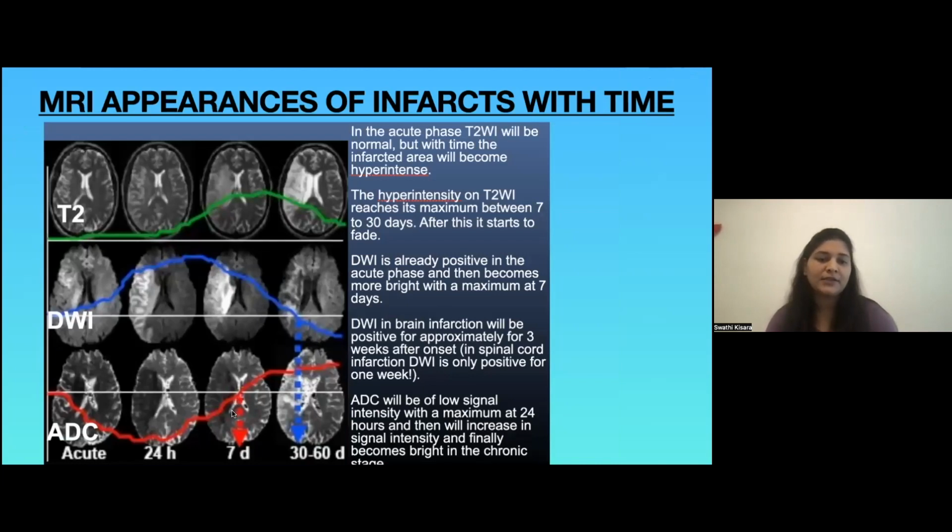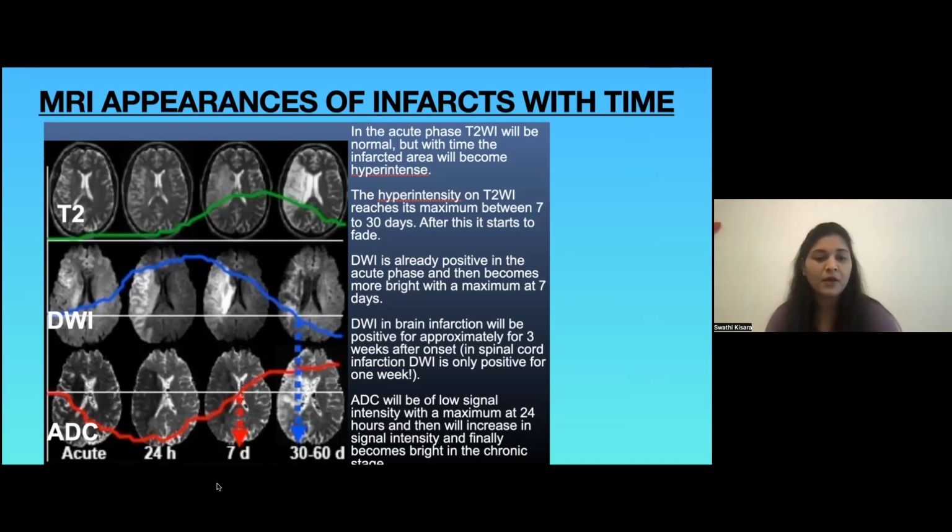In this slide, we can see the evolution of infarcts and their appearances on MRI with time. So in the acute phase of the infarct, on T2 weighted MR images, there are no findings, or the findings are very subtle.